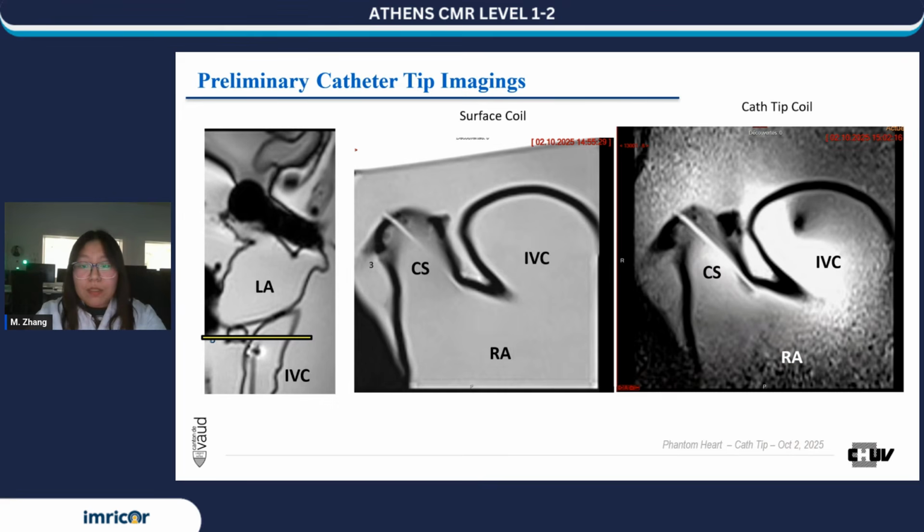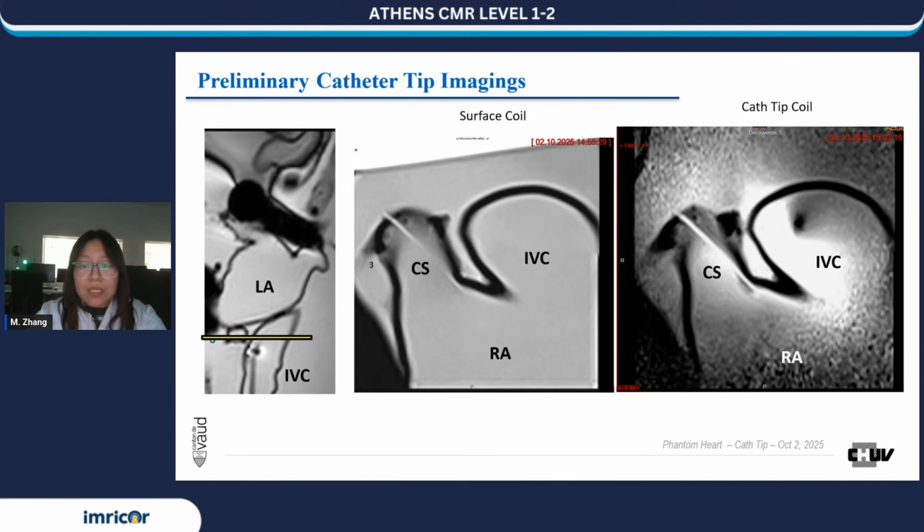Here we compare surface coil imaging and catheter tip coil imaging at the same anatomical position with similar imaging parameters. The image in the middle is acquired with a surface coil, and the one on the right with the catheter tip coil.